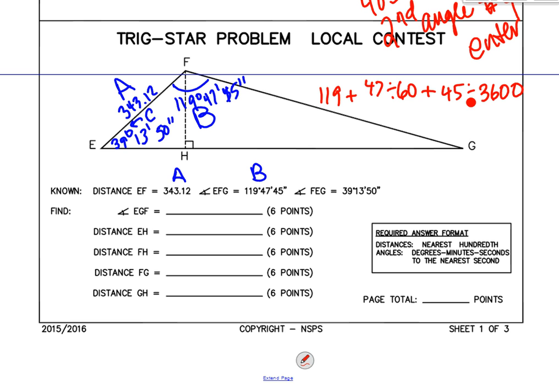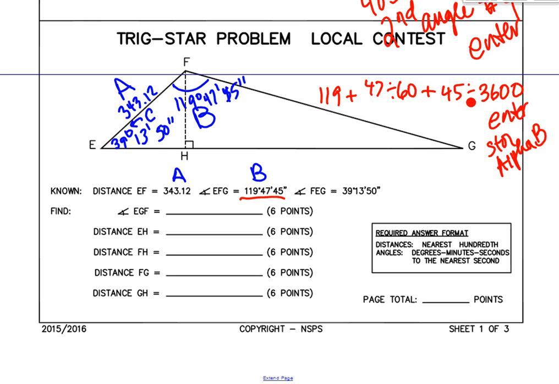And if you want to do that and then press enter, just to make sure you typed it in right and it looks good. I'm taking this 119 degrees, 47 minutes, 47 over 60, 45 seconds, 45 over 3,600, enter, and then store as alpha B.